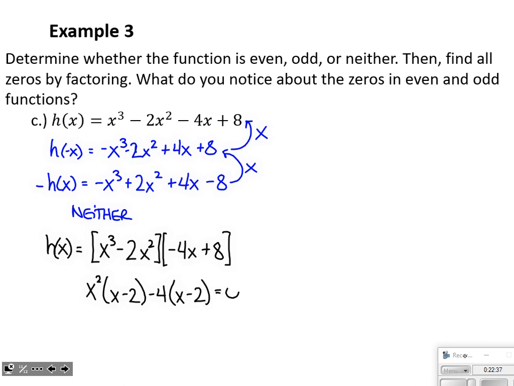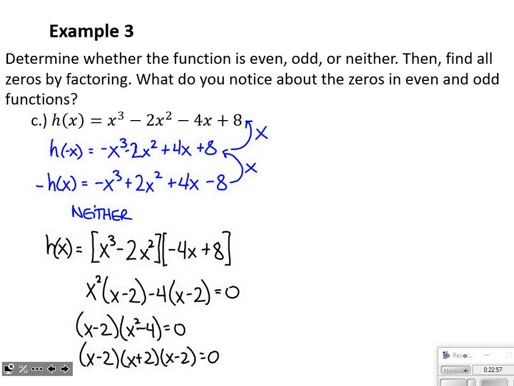I got x minus 2 times x squared minus 4, which is x minus 2 times x plus 2 times x minus 2. That x squared minus 4 is a difference of perfect squares. So my zeros here were x equaling positive 2 and negative 2. However, that positive 2 had a multiplicity of 2, if we think about husband, wife, brother-in-law from the last section.